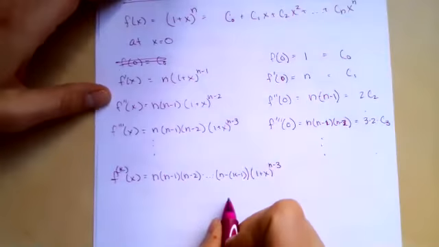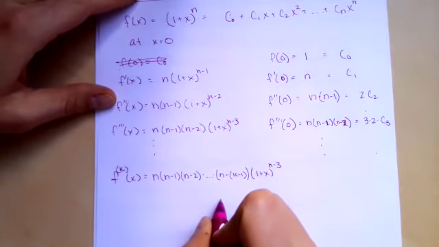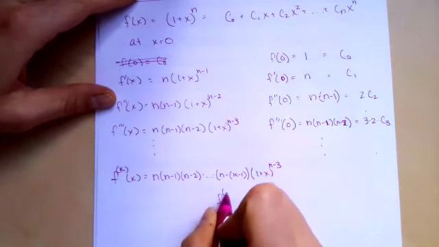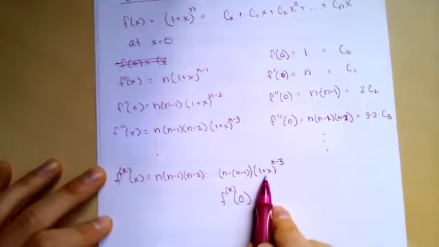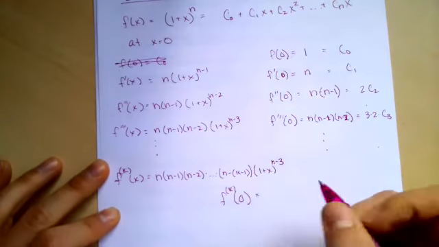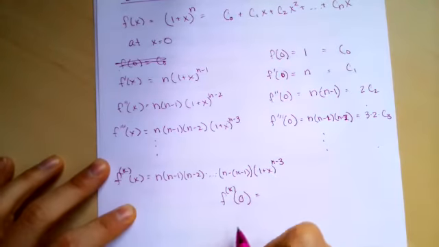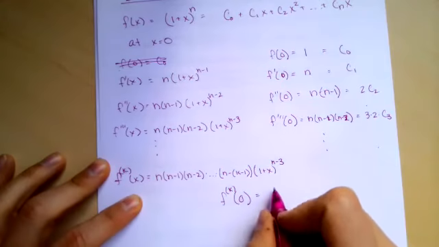Sorry, my columns are going to overlap here a little bit. When we evaluate that at 0, of course, this term is just going to be 1. So we will get those products. And it's almost looking like a factorial.